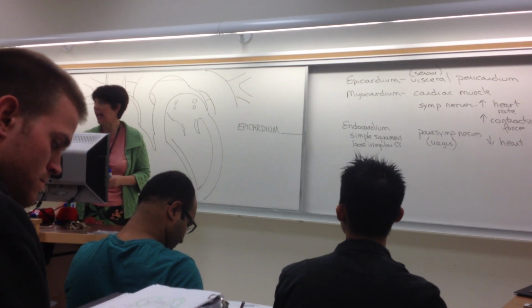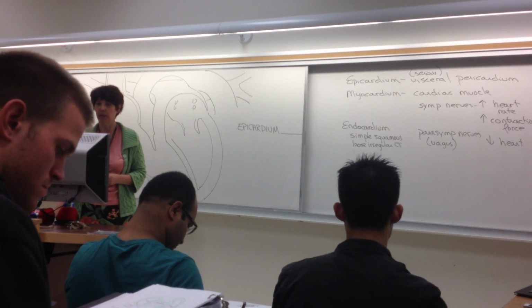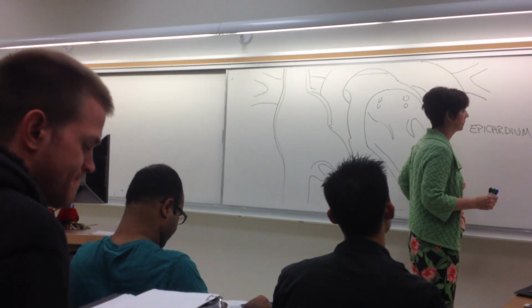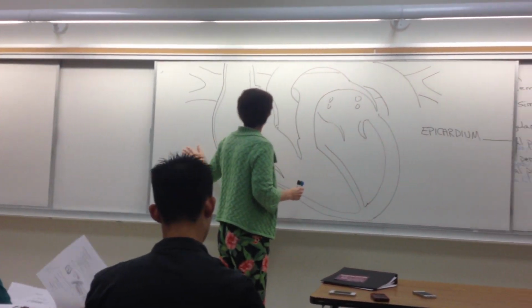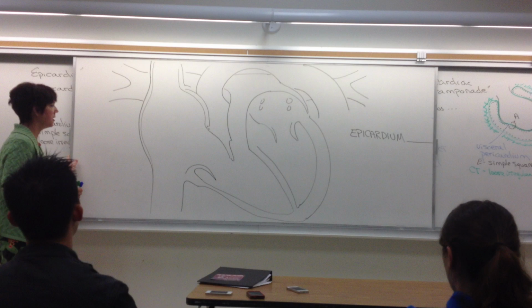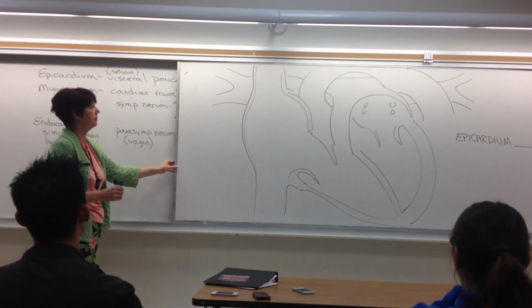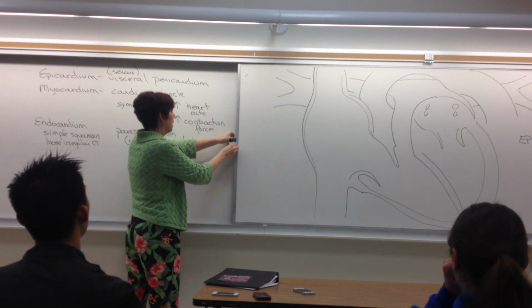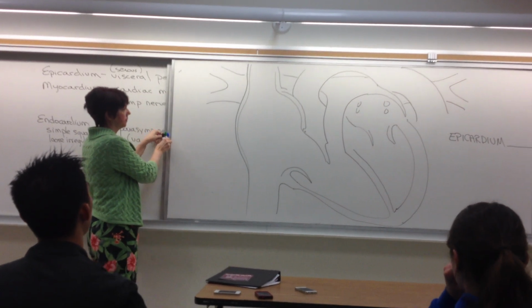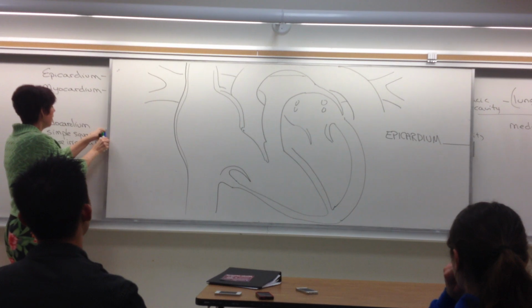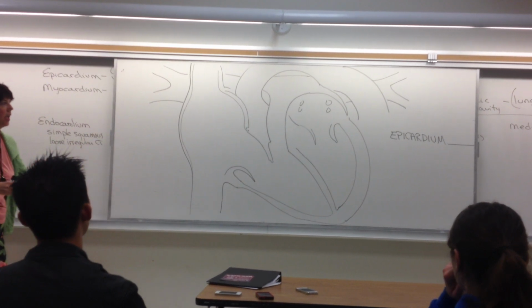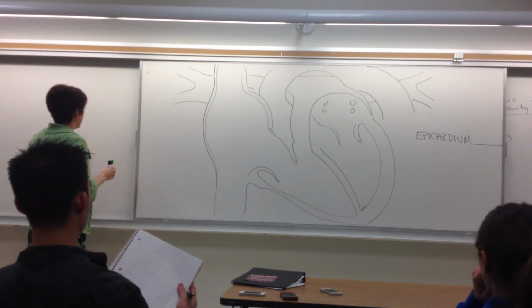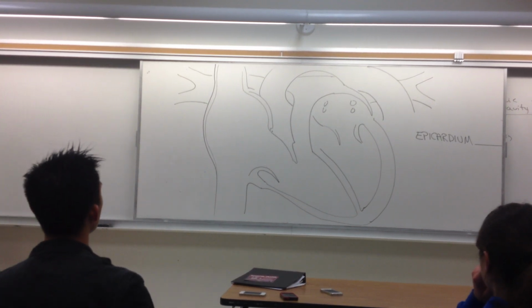Okay, now let's look at the actual heart. The heart's purpose in transporting blood is a dual circuit. So the heart is transporting blood, receiving blood, and then pumping blood to two different locations.